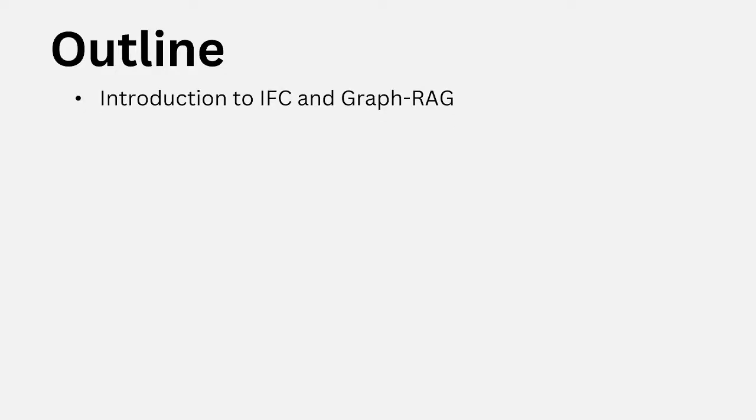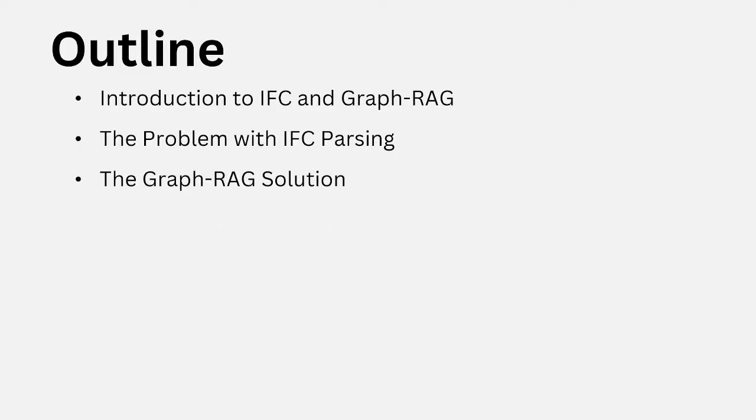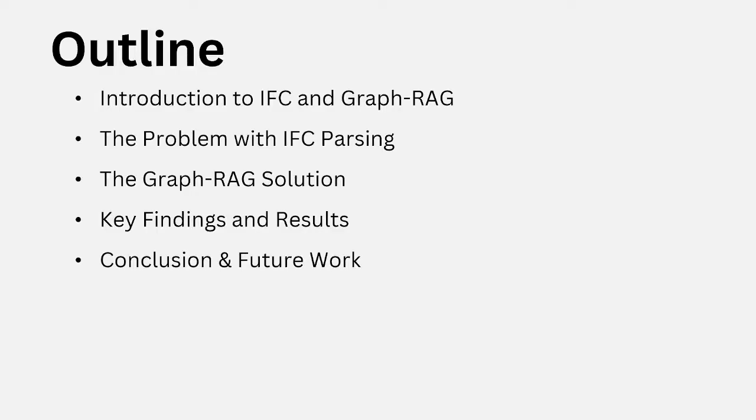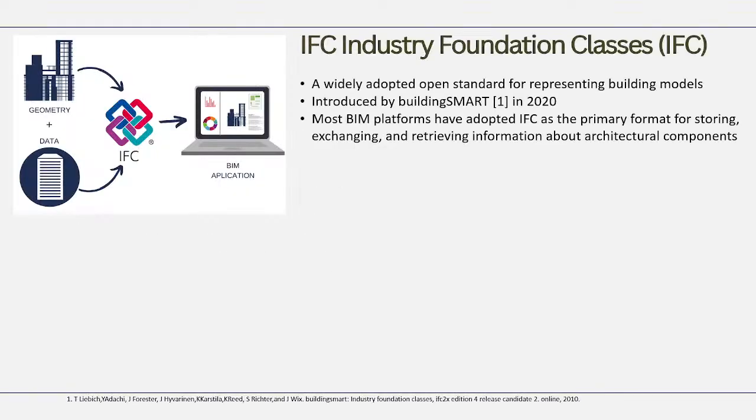I'll talk a little bit about IFC and what Graph Rag is, the problem of IFC parsing, the Graph Rag solution that we introduce, the key findings and results of the proof of concept, as well as the conclusions and future work. IFC is the acronym for Industry Foundation Classes.